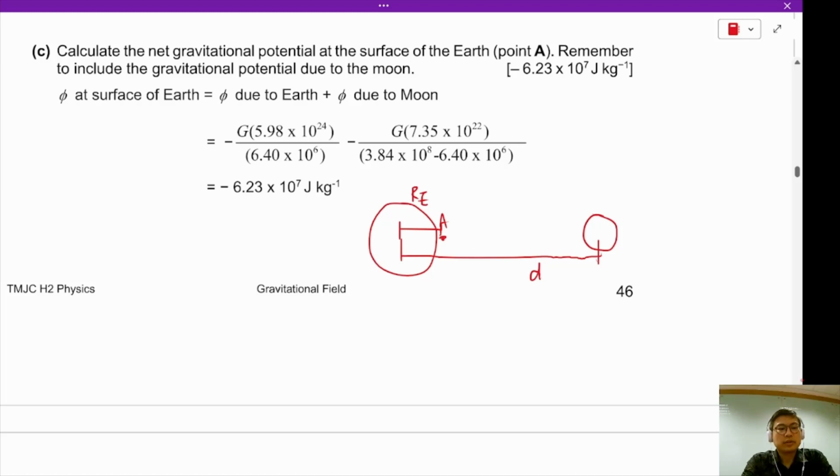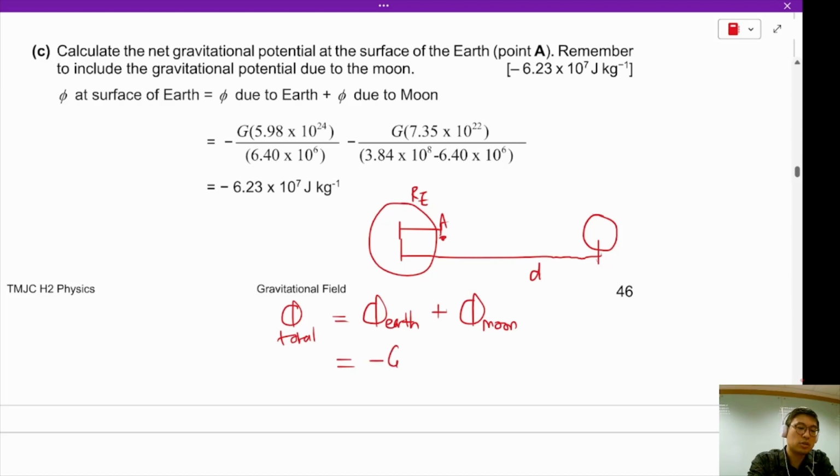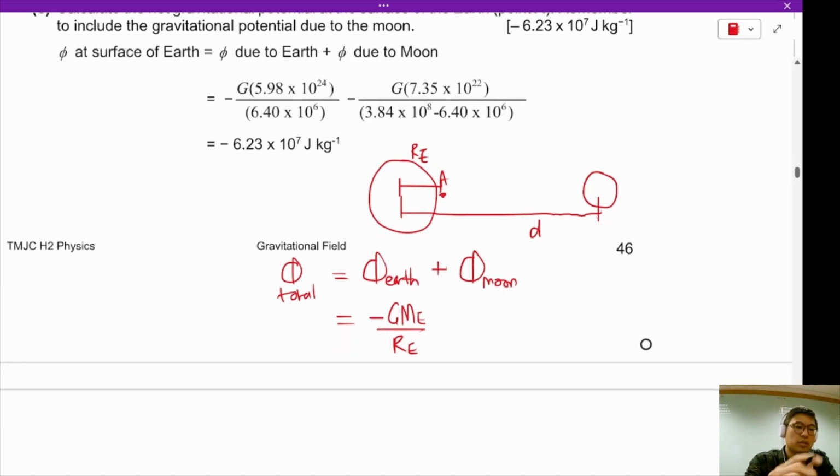So what is the gravitational potential at the surface of the Earth? The total gravitational potential will be the gravitational potential of the Earth plus the gravitational potential of the Moon. The gravitational potential of the Earth will be given by minus GM over r. And what about the gravitational potential due to the Moon?